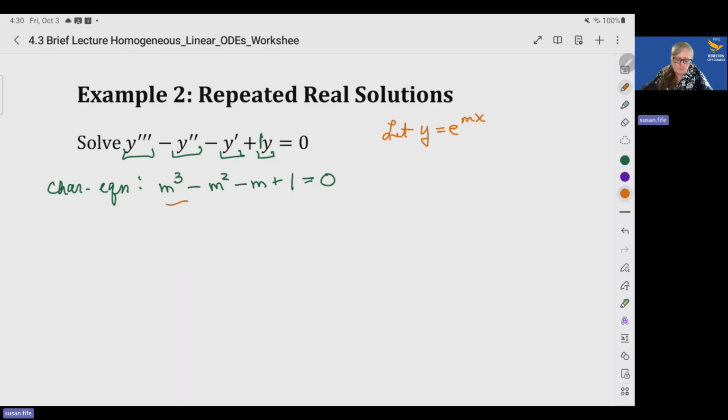I believe that I can solve this by grouping. I'm going to group the first two terms, which have a common factor, GCF, of m squared. And my second two terms have a greatest common factor of -1. And now we have that m minus 1 in common, so we could factor out m minus 1.